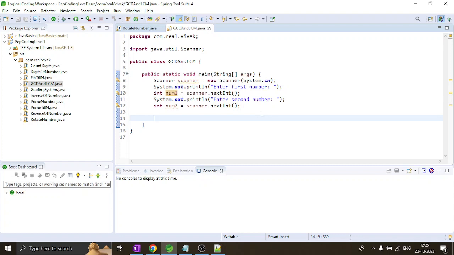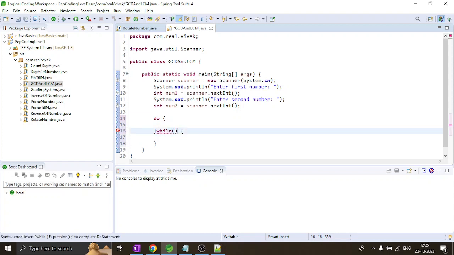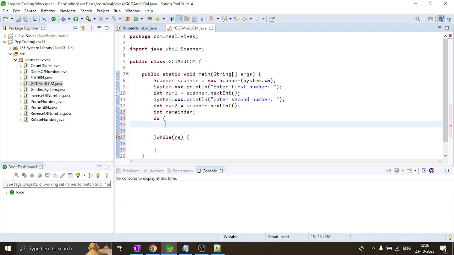So what we do is that we can have some kind of do while loop. We have to iterate till we get the remainder as 0, right? And what is the remainder? It is the modulus of num1 and num2.